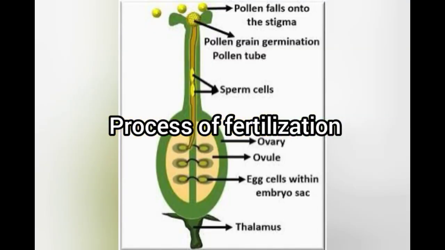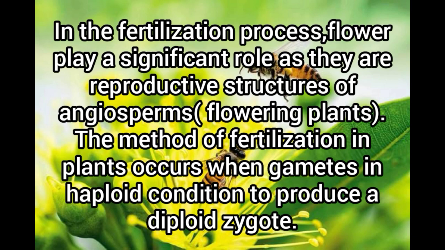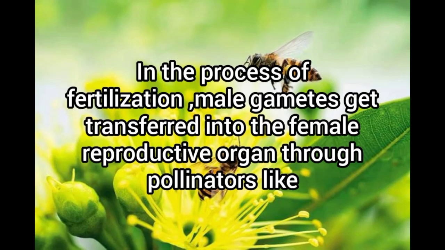Process of fertilization. In the fertilization process, flowers play a significant role as they are the reproductive structures of angiosperms, that is, the flowering plants. Fertilization in plants occurs when the gametes in the haploid condition fuse to produce a zygote.